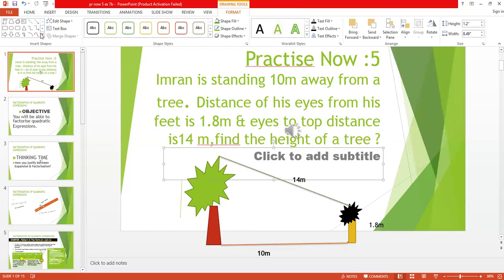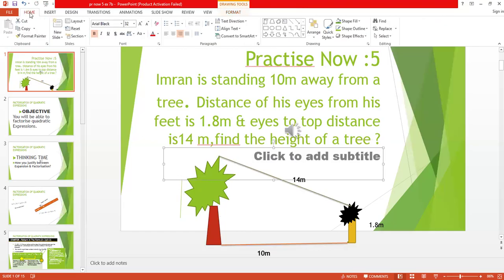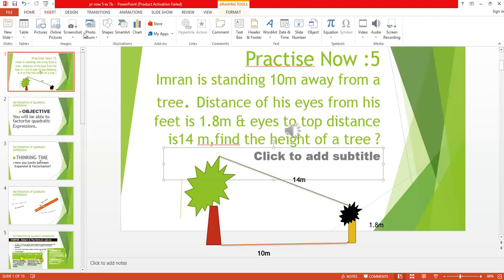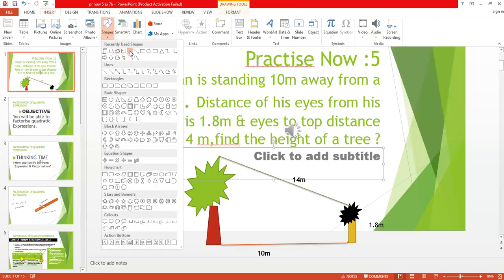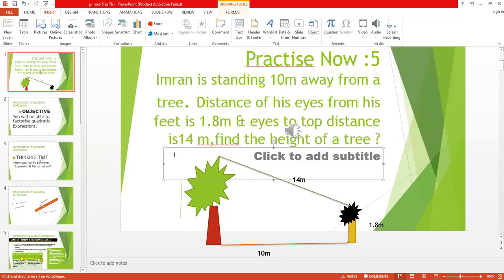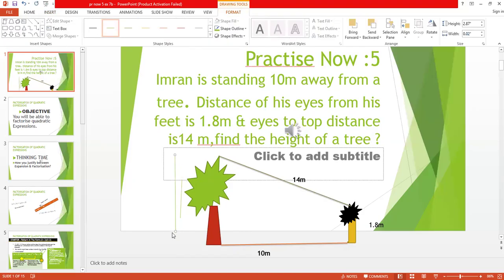They are saying you have to find the height of a tree, so I start from here and end here. I have to bold that line so it will be visible to you. What is the height of a tree?